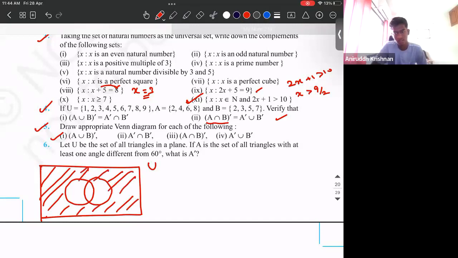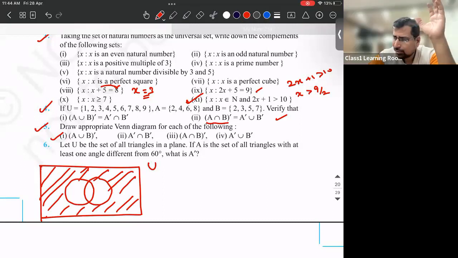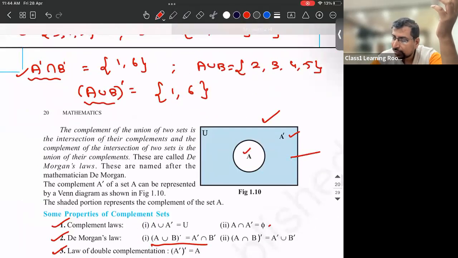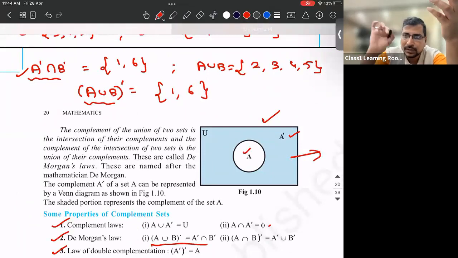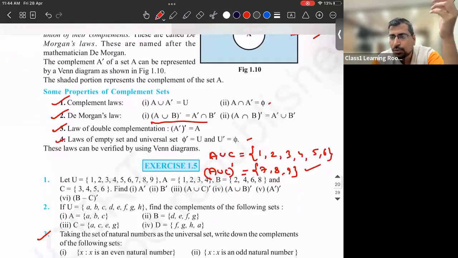So how do you represent the other part? Just write it as A union B, the whole complement. In the textbook, they are coloring it like this. It will take time for us to do the smooth coloring, so we'll just use the shades.